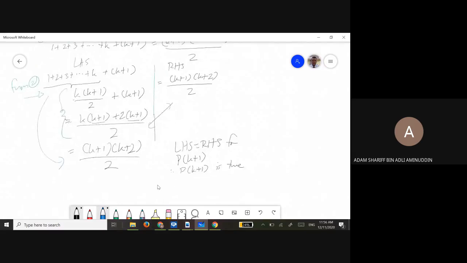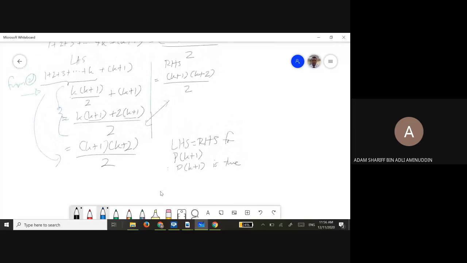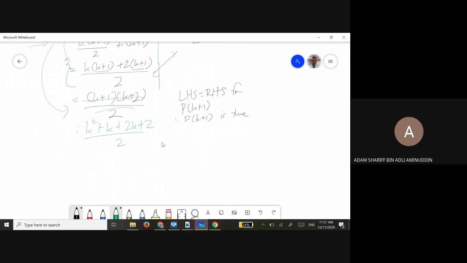Okay, like Musin said, sometimes the student expand. Sometimes the student expand also can. Kalau kita nak expand dulu, dia jadi jalan lagi panjang, boleh, tak ada masalah. Dia jadi k squared plus k plus 2k plus 2 over 2. It becomes k squared plus 3k plus 2 over 2.